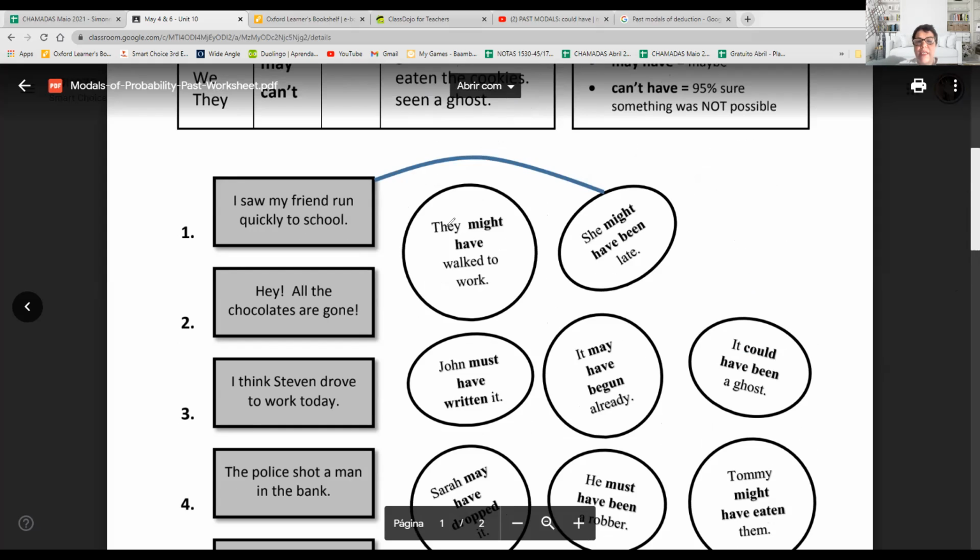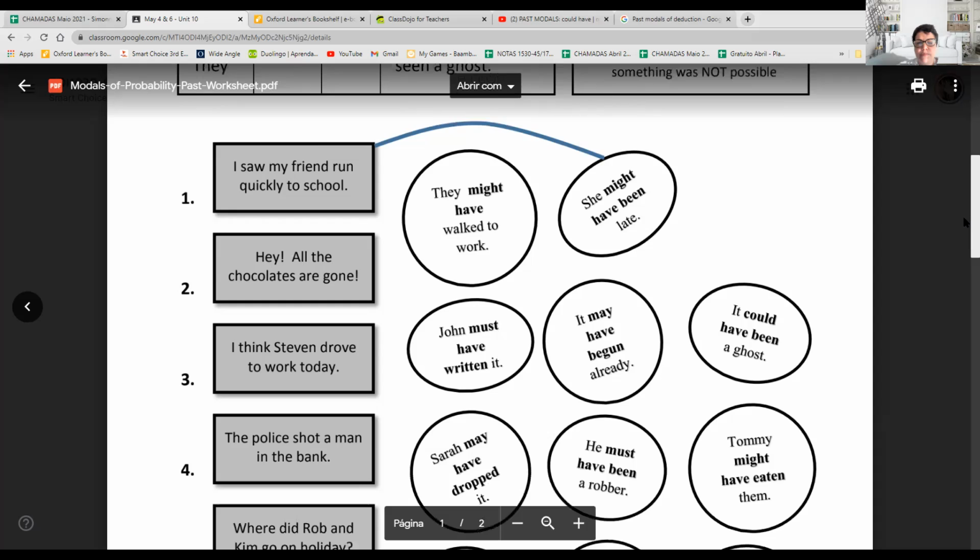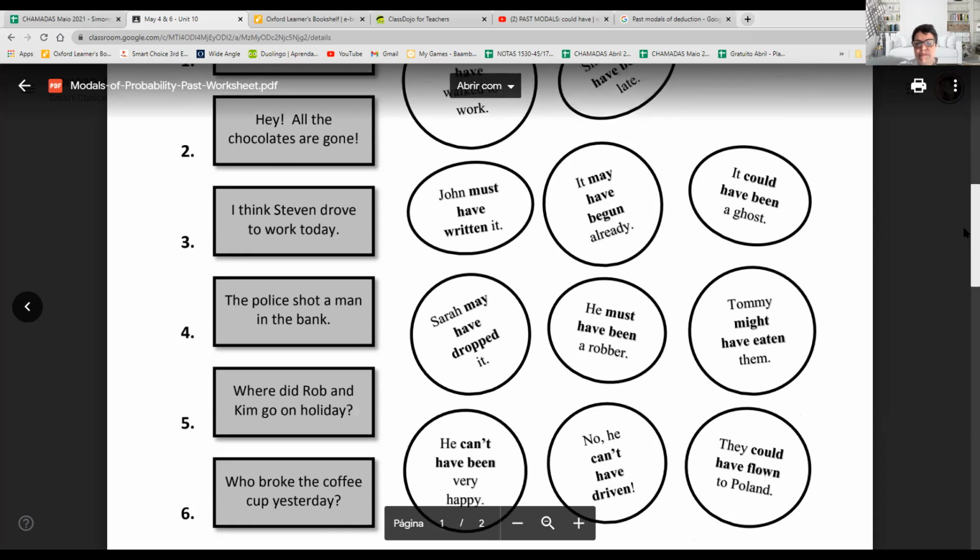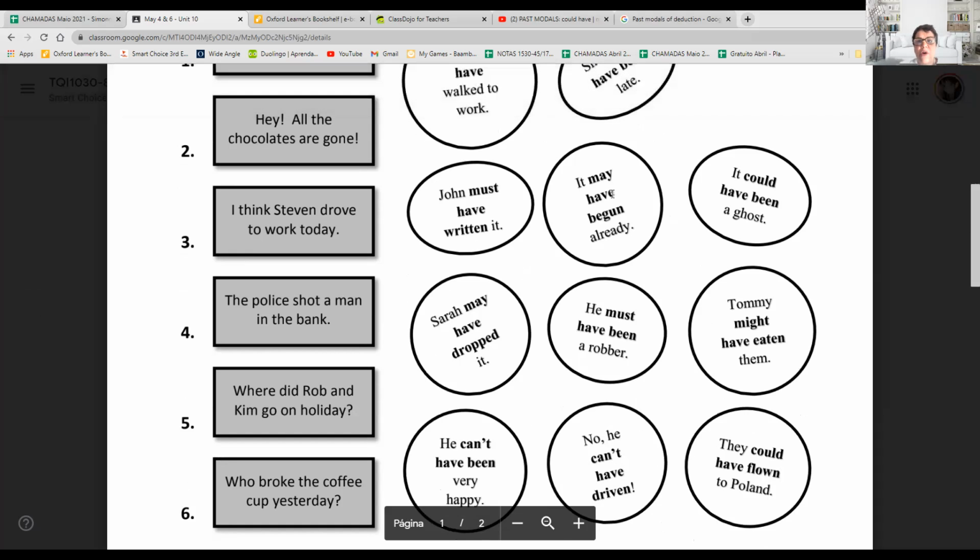Let's see, that one doesn't match because here I'm talking only about one person, only Steve. So let's see. Yes, exactly. No, he can't have driven. All right. So I will just link here.